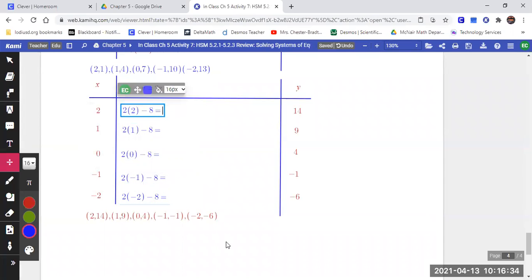So someone tell me the math for the first one. What's it going to be? Four minus 8. Thank you. And its answer would then be what? Not the same sign, so subtract and keep the sign that's on the bigger number.